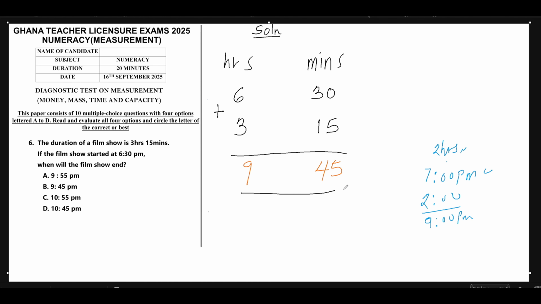So this translates into 9:45. We are still in PM. 3 hours 15 minutes after 6:30 p.m. is 9:45 p.m. The right answer is option B.